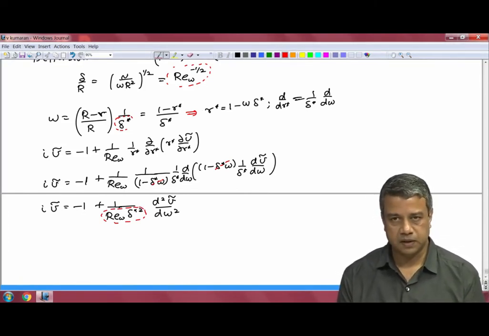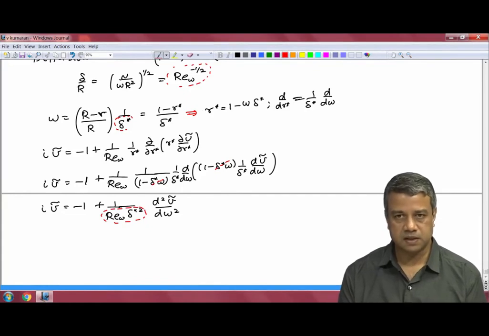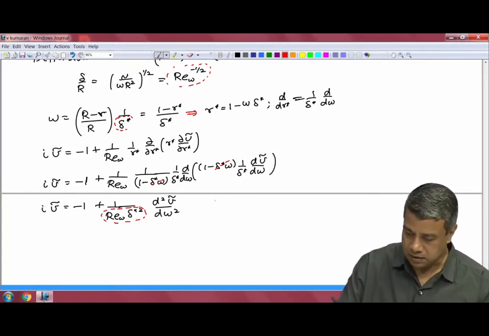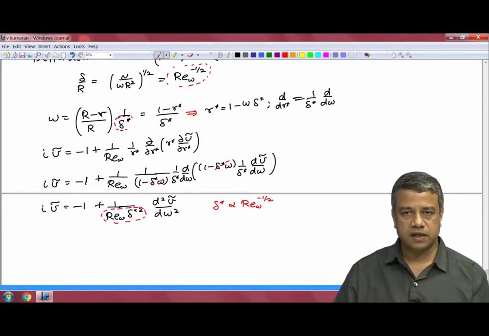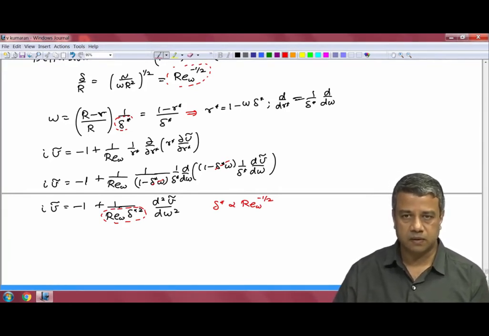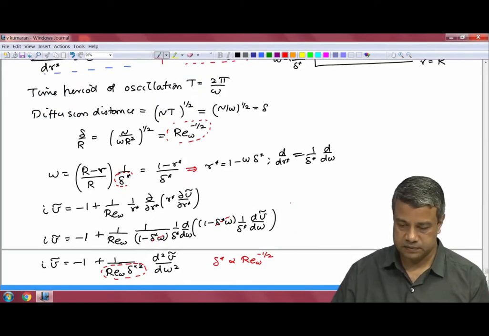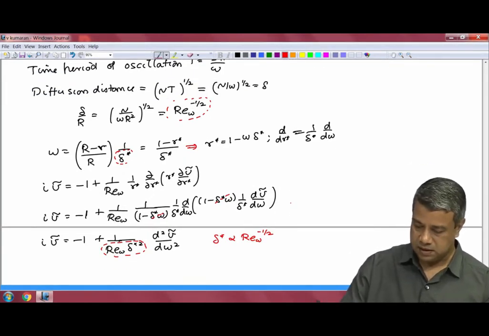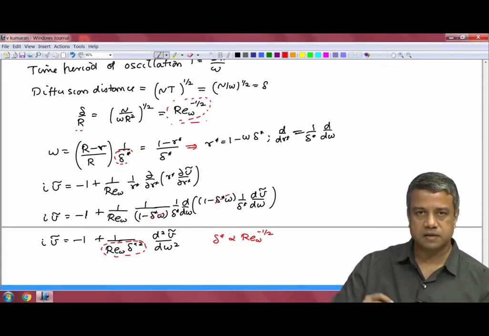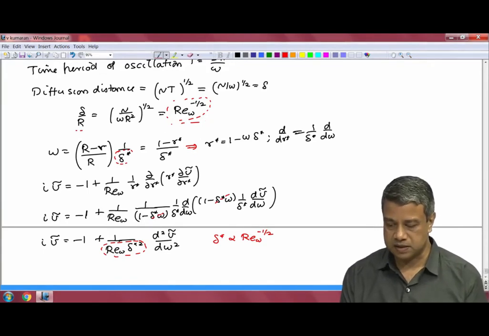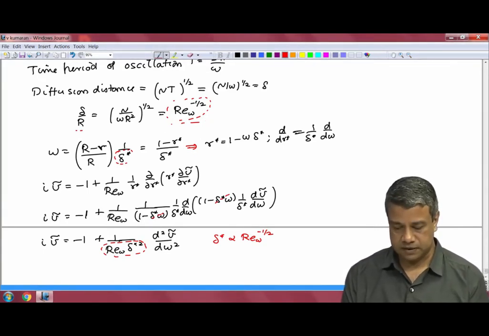So, if this Re omega times delta square is of order 1, or delta is proportional to Re omega power minus half, diffusion and convection will continue to be of order 1 within this region of thickness delta close to the wall. And this delta star is basically delta by R, which as we had anticipated on the basis of physical arguments has to scale as Re power minus half.